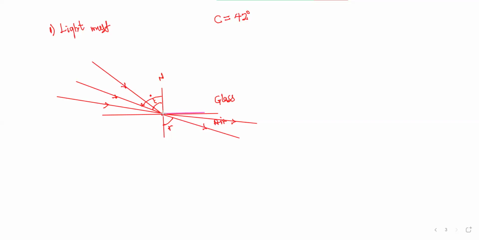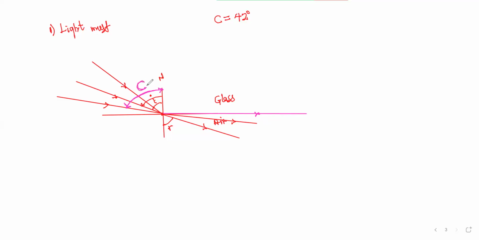So this is the refracted ray now. We are saying that this angle of incidence in the more dense medium, which gives us an angle of refraction of 90 degrees in the less dense medium, is known as the critical angle.